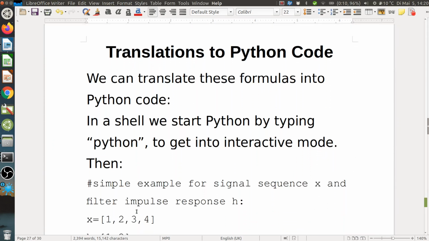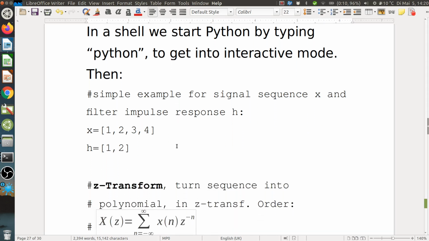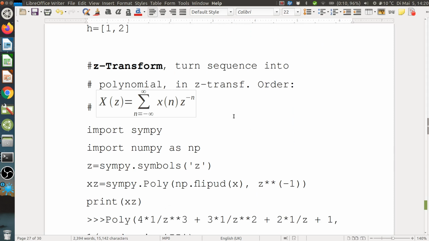So finally, I want to show you some translations of formulas to Python code. We can translate formulas into Python code as in the following. In the shell, we start Python by typing python, as I just did, to get into the interactive mode. Then here's a simple example for a signal sequence X and a filter impulse response H. X is just those 4 numbers, H those 2 numbers, and then we can apply the Z transform.